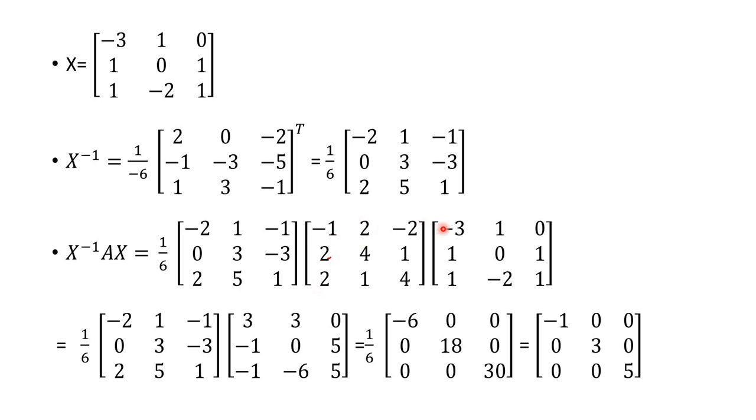The product is minus 1 into minus 3 is 3 plus 2 minus 2, that is 3. Minus 1 into 1 is minus 1 plus 4 is 3.